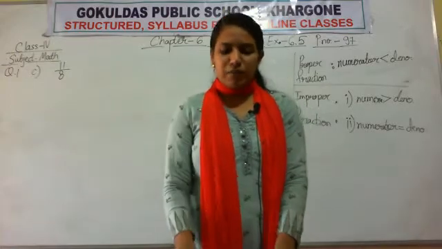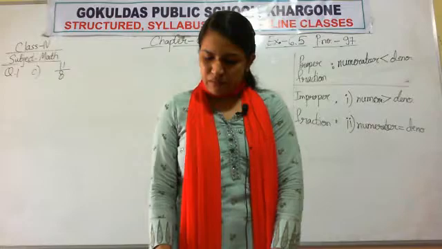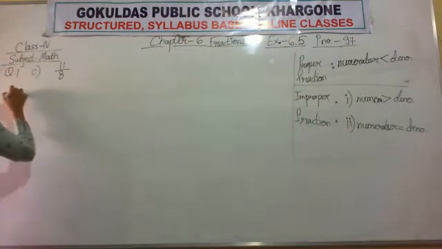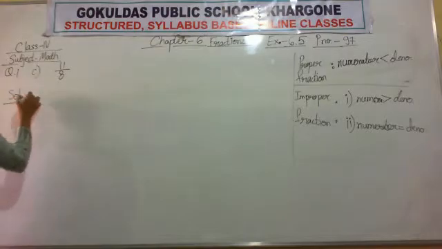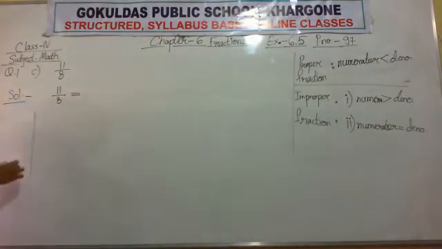And how do we convert improper to mixed? Do you remember? We divide. Let us do it in the rough work here. Divide 11 by 8. 8 ones are 8. 11 minus 8, 3 is left.